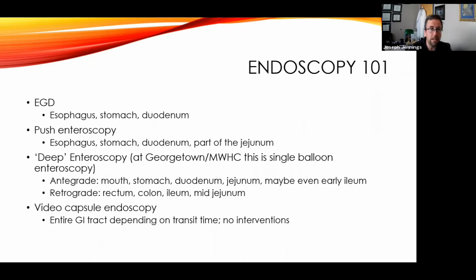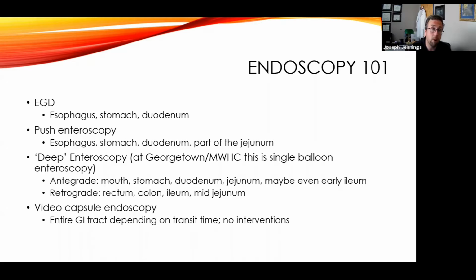Just so, lingo-wise, for you all when talking with the fellows or as you're reading and studying and taking care of these patients, not all endoscopy is the same, right? Our standard upper endoscope looks at the esophagus, the stomach, and the first portion of the small intestines. That's your EGD, esophagogastroduodenoscopy. A push enteroscopy uses a longer scope, or sometimes a pediatric colonoscope, to go as far as the scope will take us, usually into the middle parts of the jejunum.